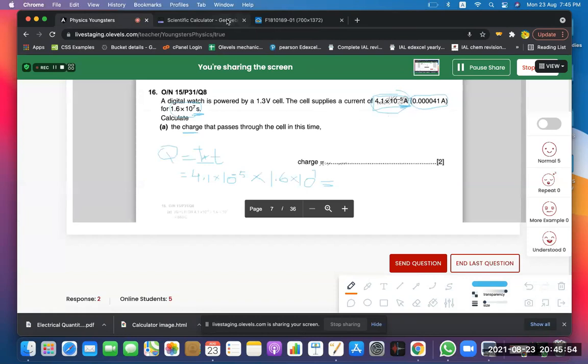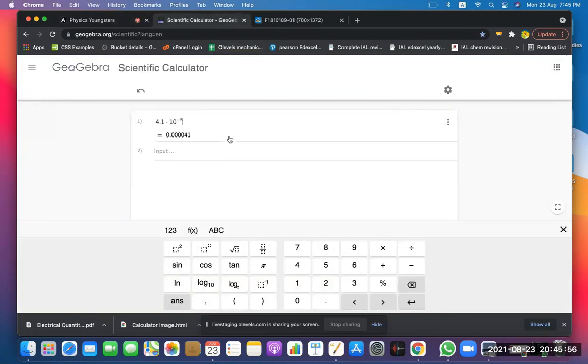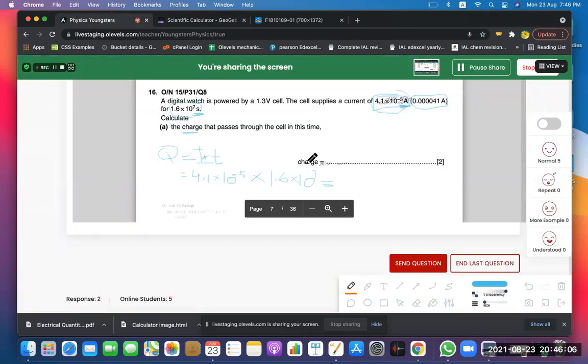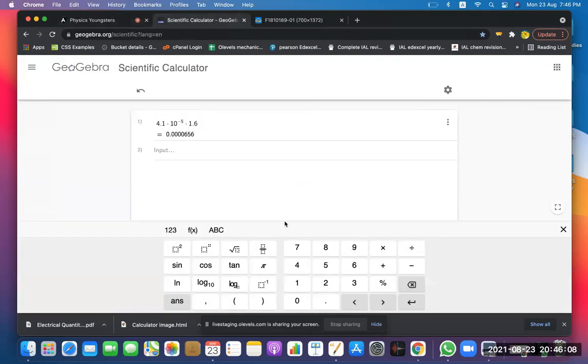I will write it in my calculator. Then multiplied by 10 to the power 7. Okay, then I click answer.